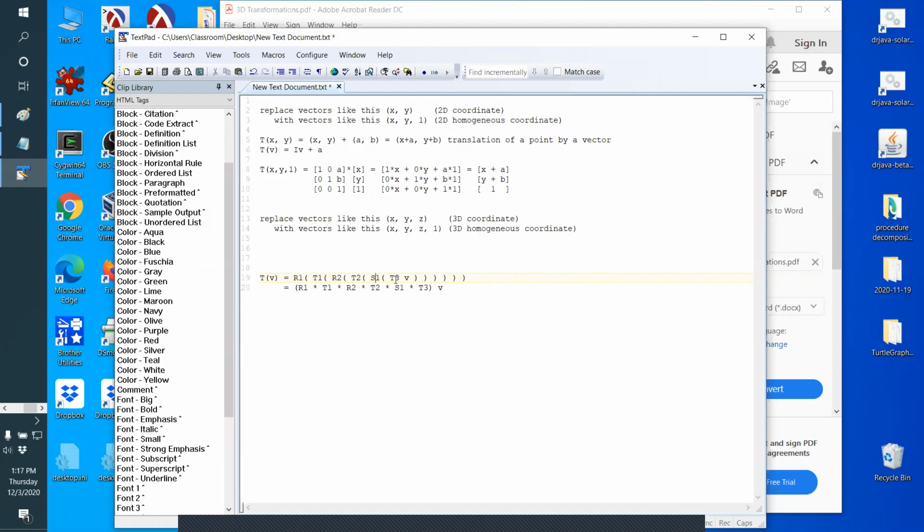So you do this first, then that one on the result. Now this says take the product of all those matrices first, then apply it to this. Okay, that's way more efficient.